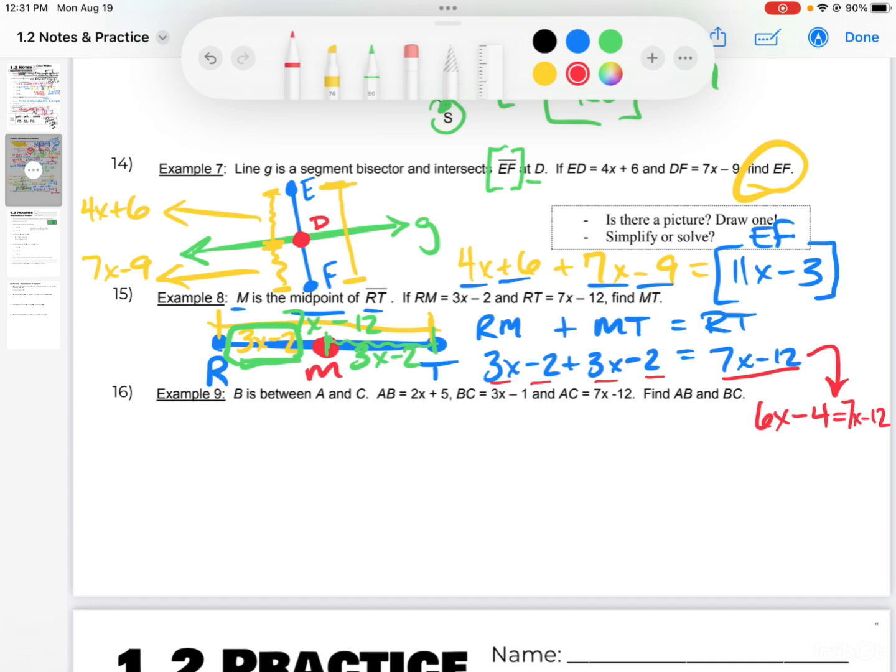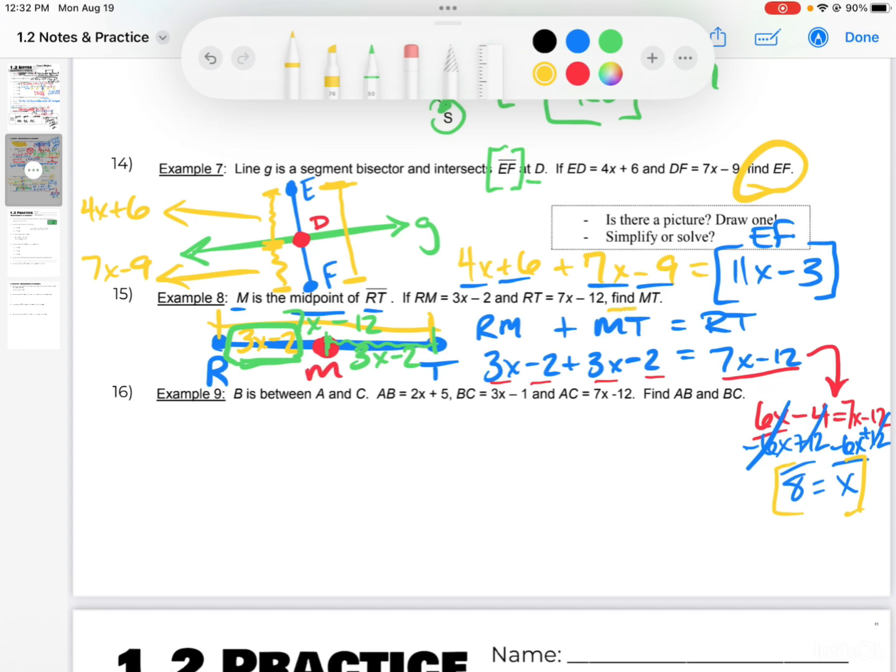Then I'd like to take the smaller x value and move it over to the larger one. So I would take 6x from both sides. 7x minus 6x is just x. And then over here, I would add 12 to both sides. And I would get 8 equals x. And again, that's good to know, but is it what the question's asking me?